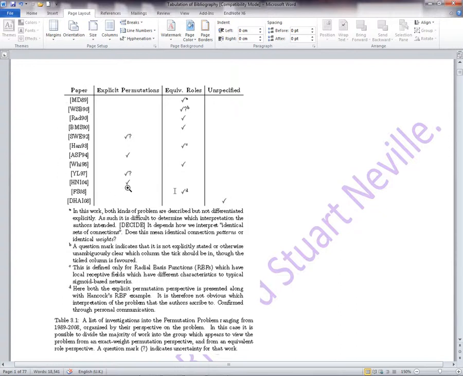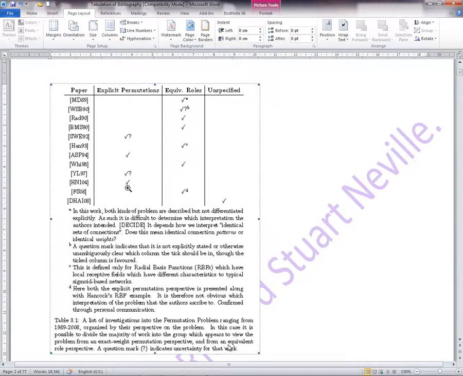So what does this research relevance table tell us? Well, the good news about this is it's a very detailed research relevance table. First thing is it has a caption which is explicit. Now this should be your norm.